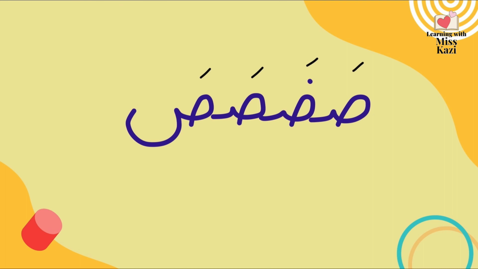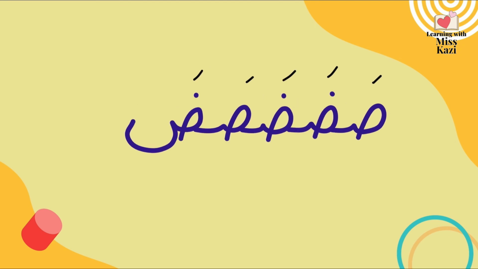Can you find the letter Daad? Saad has no dot and Daad has a dot on top. Hooray! You found it! This is our letter Daad. Daad has a dot on top. Saw, da, da, saw, da.